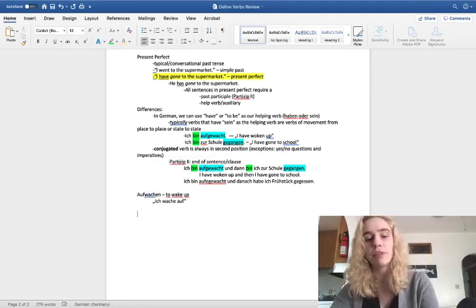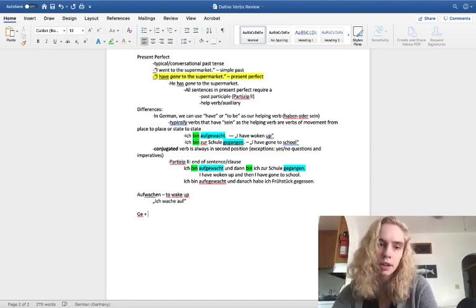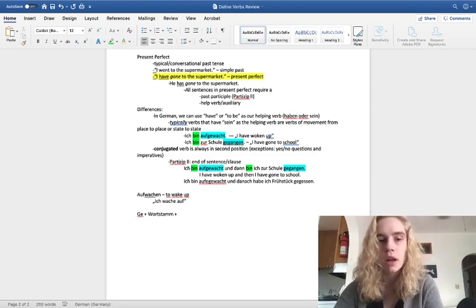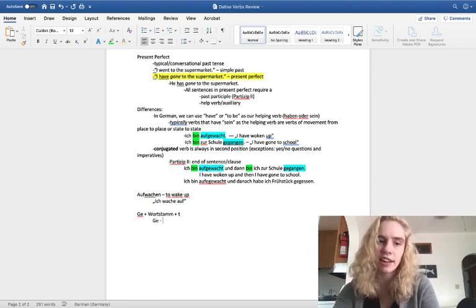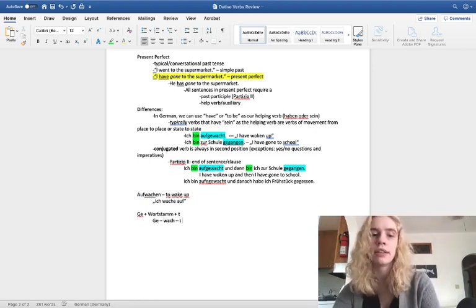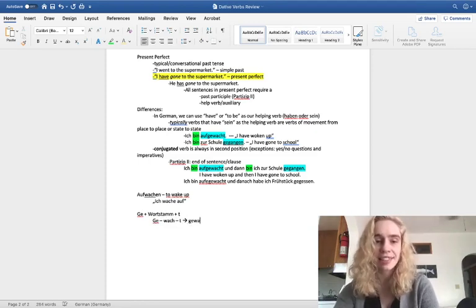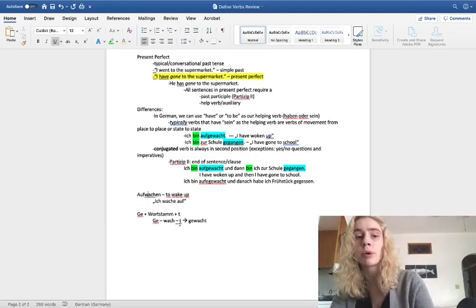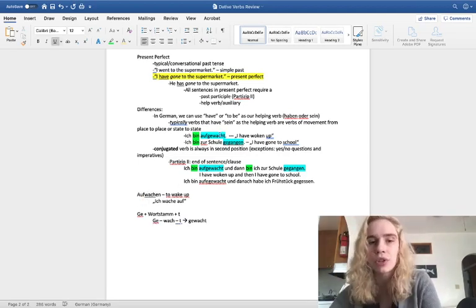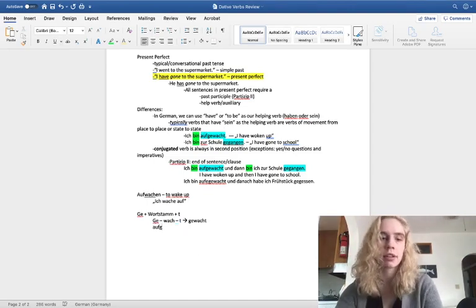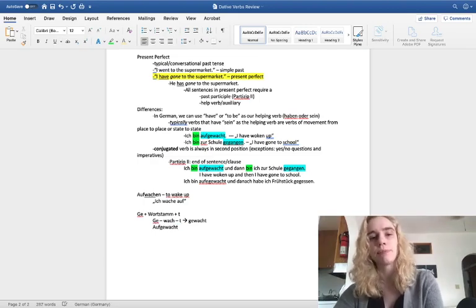So when we have a regular verb like this, we'll do ge plus Stamm, der Wortstamm, word stem, plus t. So wach is our stem, so we get ge, wach, t, oder gewacht. And with separable verbs, or verbs with separable prefixes, we attach those to the participle. So aufgewacht in this case.